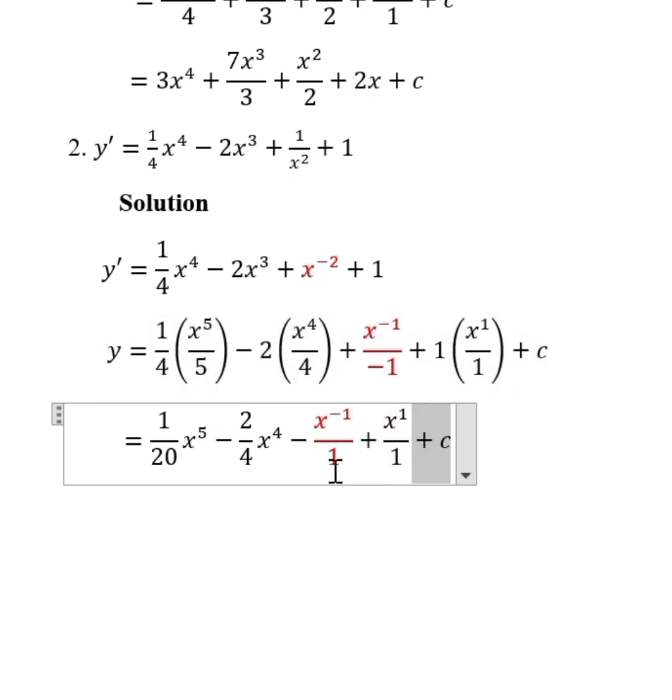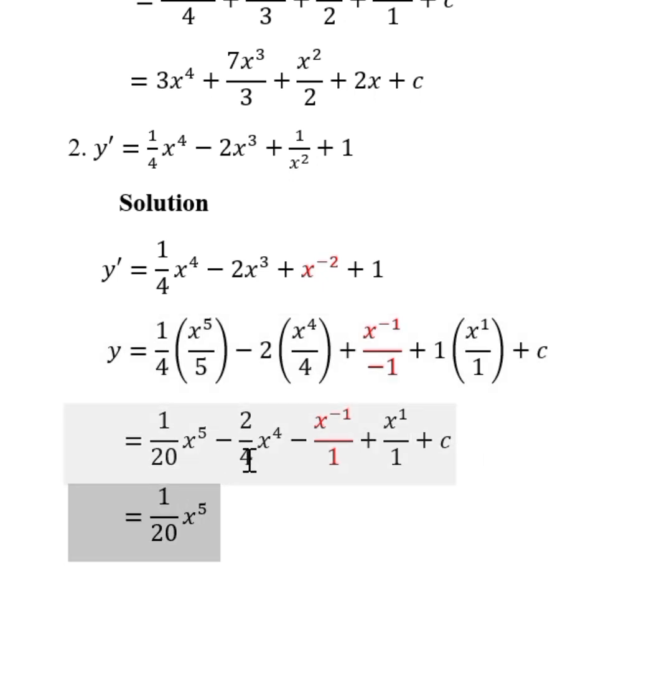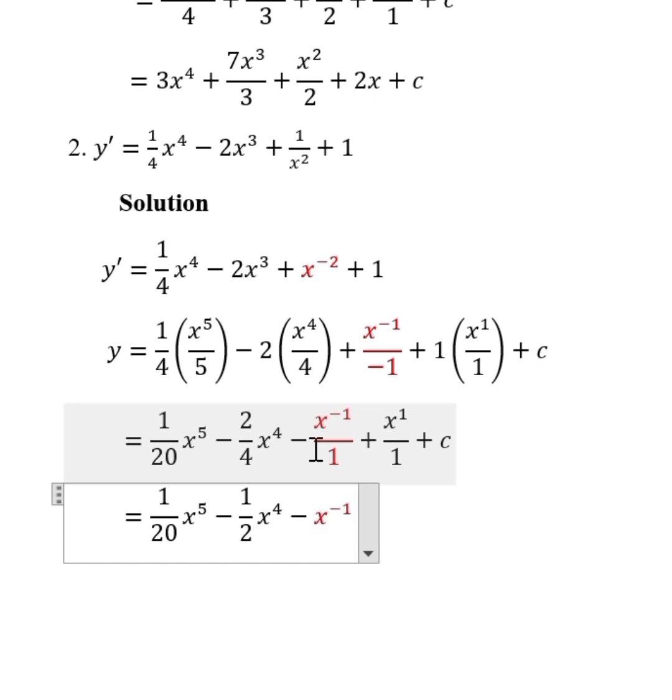So you can remove this denominator 1, because we know it doesn't change anything, and at the same time we can simplify that. So we shall have 1 over 20 x raised to power 5 minus half x raised to power 4, then minus x raised to power negative 1, then plus x, then plus c.